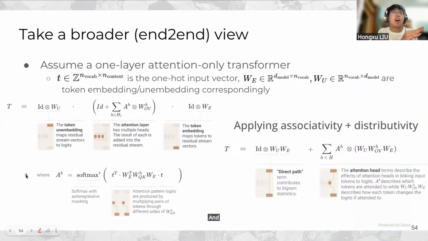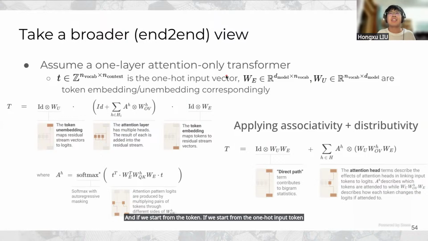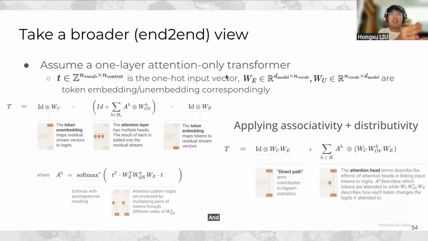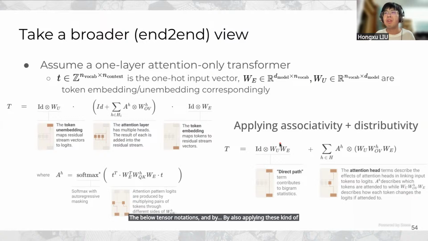And if we start from the one-hot input token vectors and carry our analysis all the way down to the logits, we will find the tensor notations below. By also applying these axioms, we will find that there are two kinds of paths.